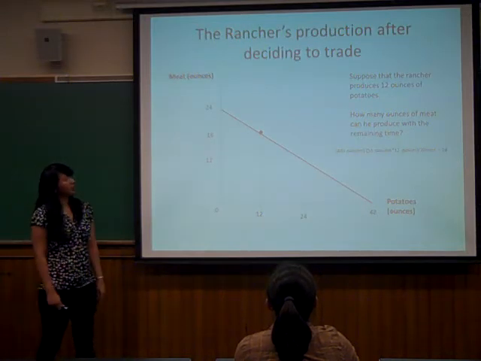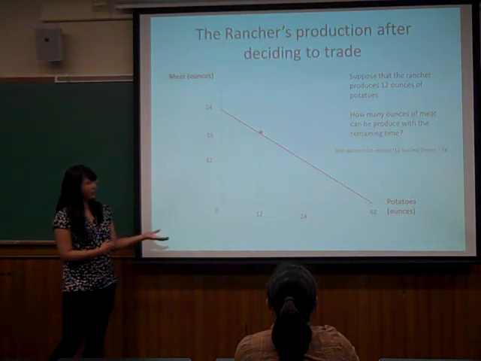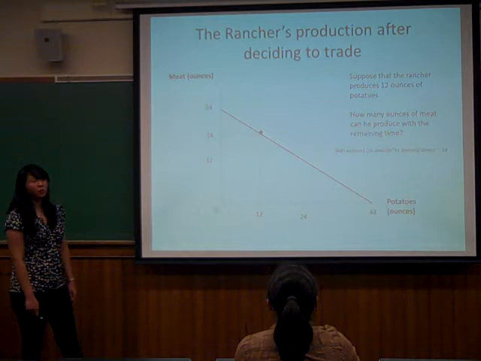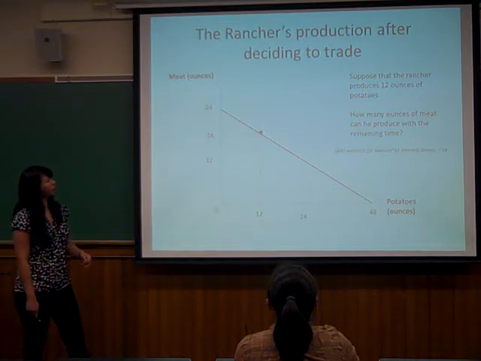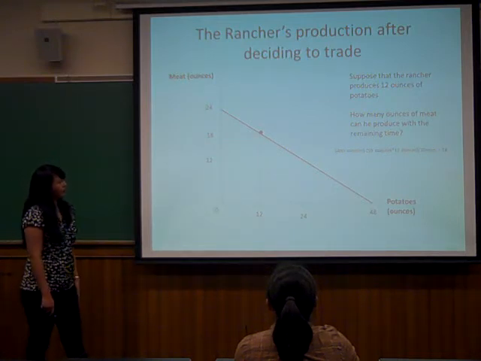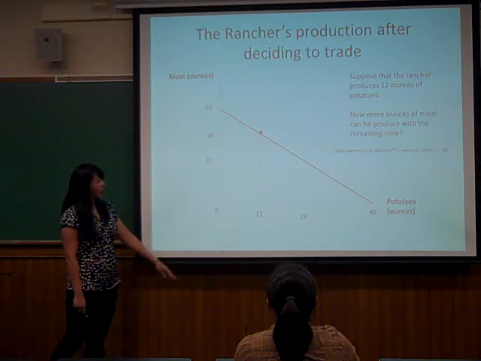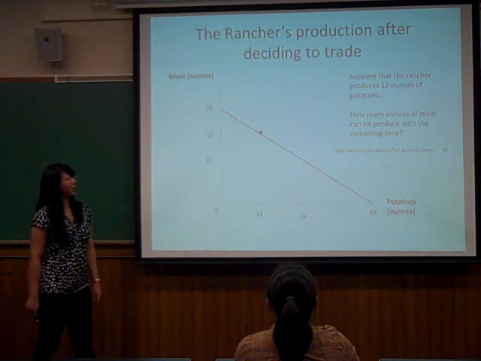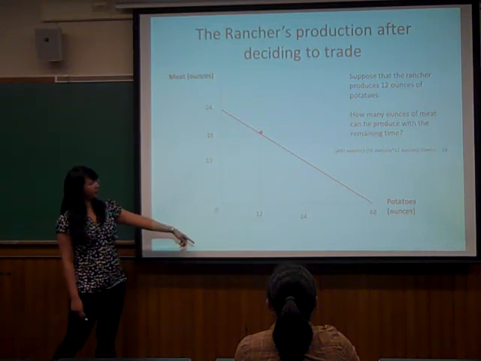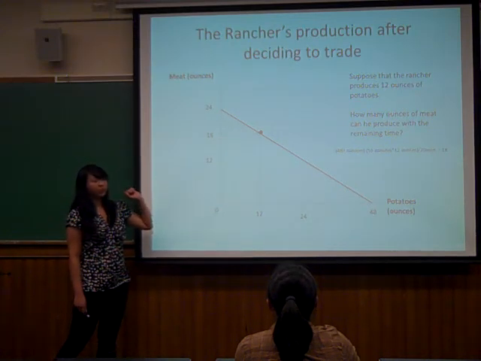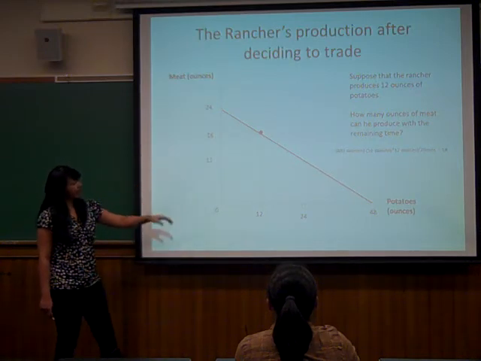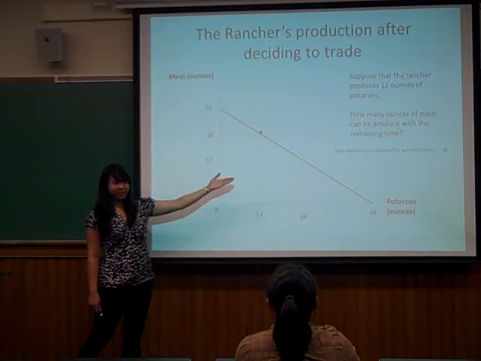Likewise, the rancher also decides to trade with the farmer and he decides that he will produce 12 ounces of potatoes. If the rancher produces 12 ounces of potatoes, how many ounces of meat can he produce with the remaining time? 18, right? If you do the formal calculation, 8 hours equals 480 minutes.